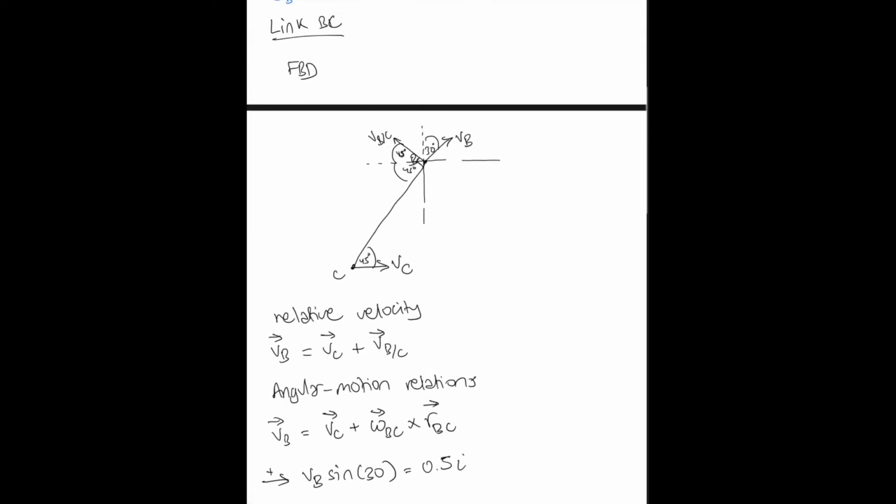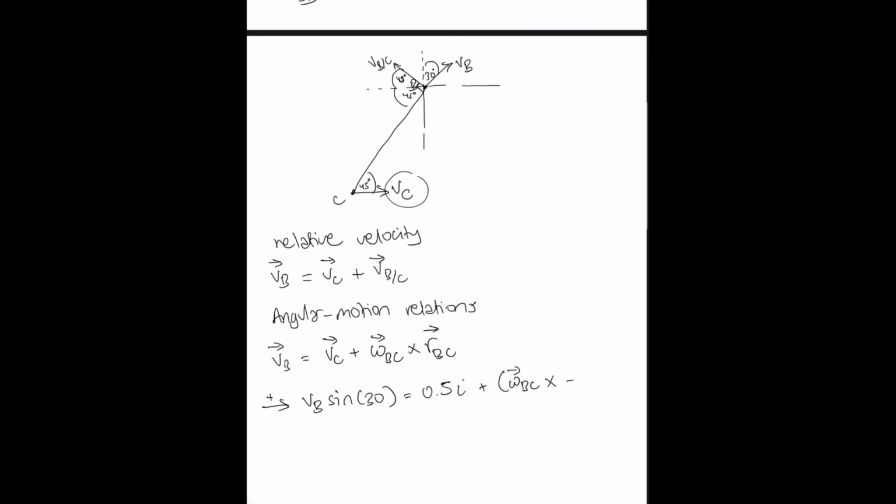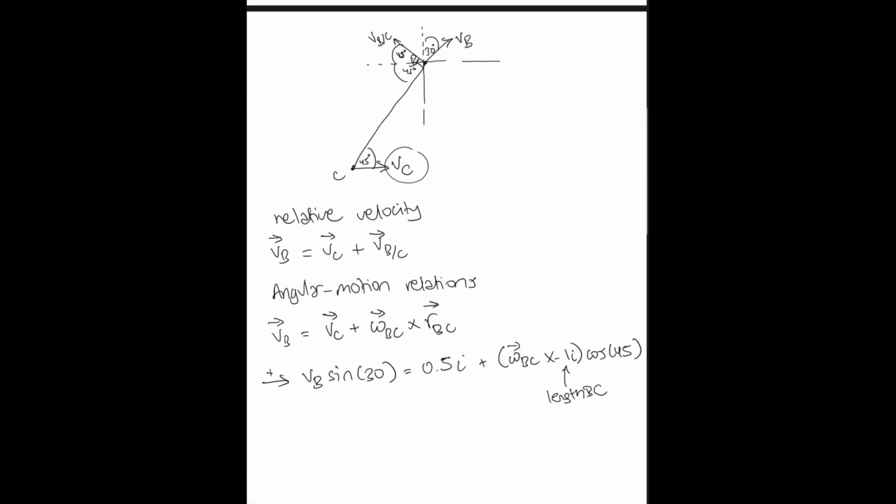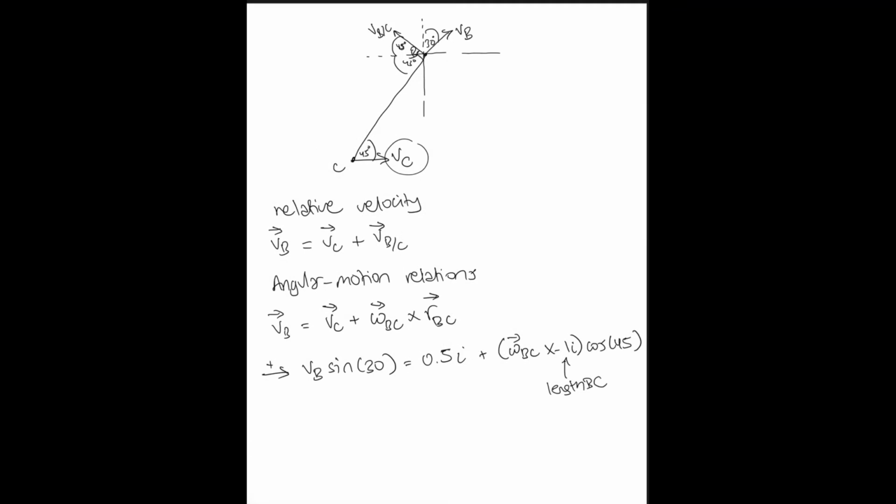So we've got VB sine 30 is equal to 0.5 i, that's the value for VC, plus angular velocity BC cross product minus 1 i cosine 45. So that's the length of BC, okay?